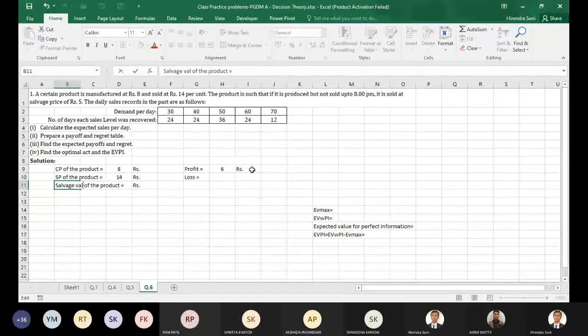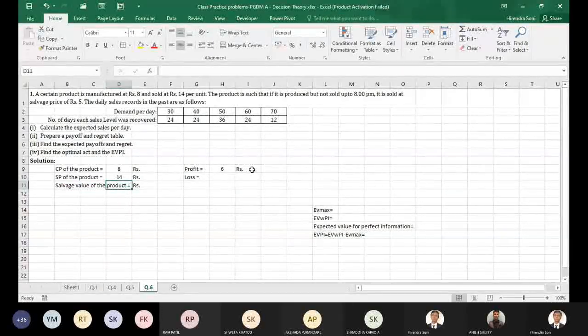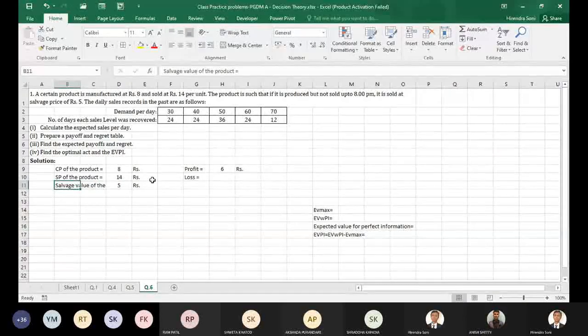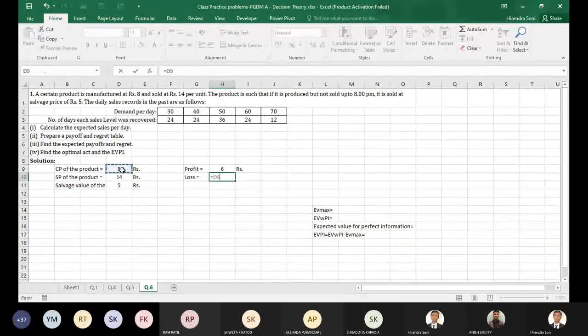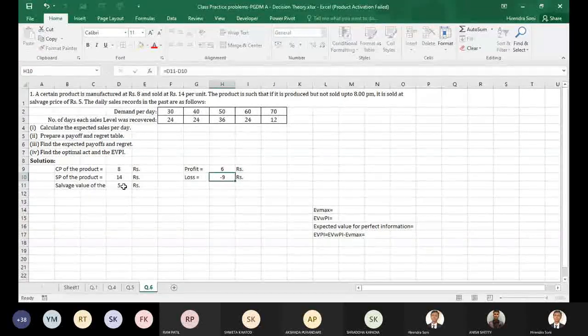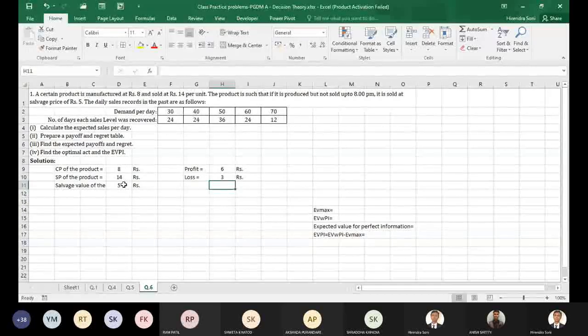Salvage value of the product कितना है? Sir, 5 rupees. So salvage value of the product is 5 rupees. So that means my loss is 8 minus 5, 3 rupees. यहाँ तक okay?